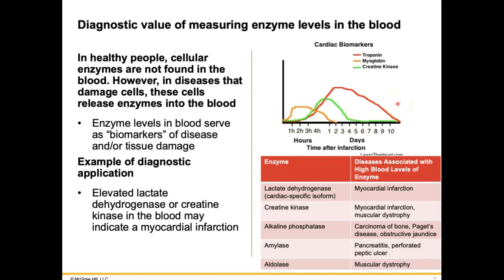So when we are having a heart attack, troponin actually is going to increase within 2 to 3 hours, whereas creatine phosphokinase or CPK is going to rise within 6 to 12 hours. These may also be biomarkers for things like acute coronary syndrome or ischemia as well.